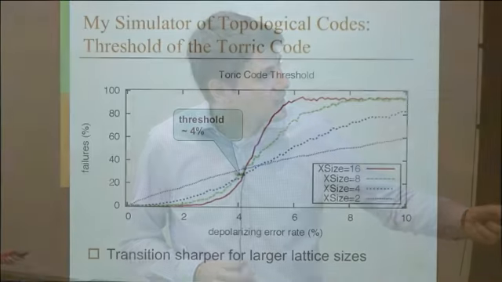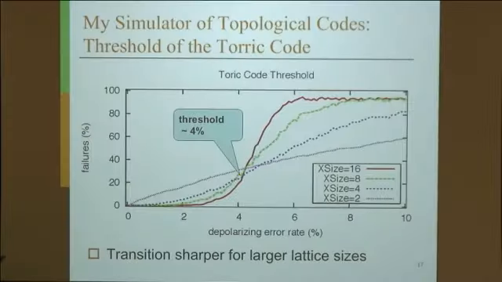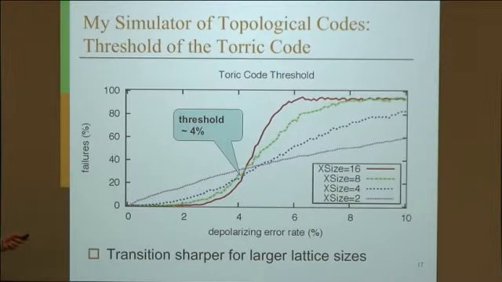And you can see that as I increase the distance of the code, so as I increase the number of physical qubits that encode the information, the curve in this picture will get sharper and sharper, which means if I am just below the threshold, the percentage of failures is going to be very small. So almost always I will be able to recover. And if I'm above the threshold, then the percentage of failures is large, so I cannot recover.